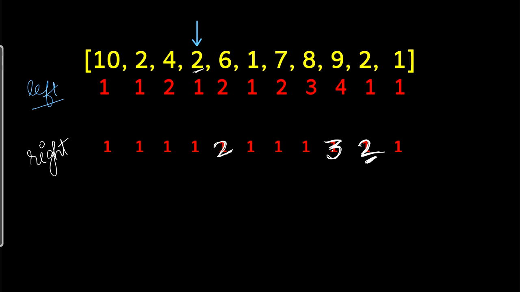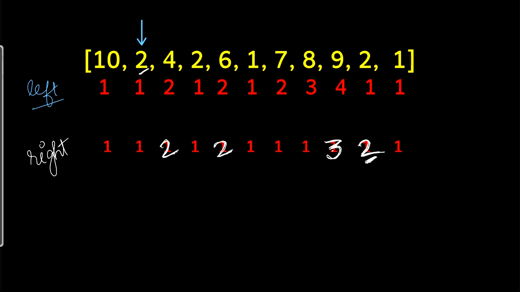Now for the 2 rating, if I compare with its right neighbor, 2 is greater than 6? No. So this child will get only 1 candy. Then if I compare 4 with its right neighbor, 4 is greater than 2. So this child will get more candy than its right neighbor. So 1 plus 1 will be 2.